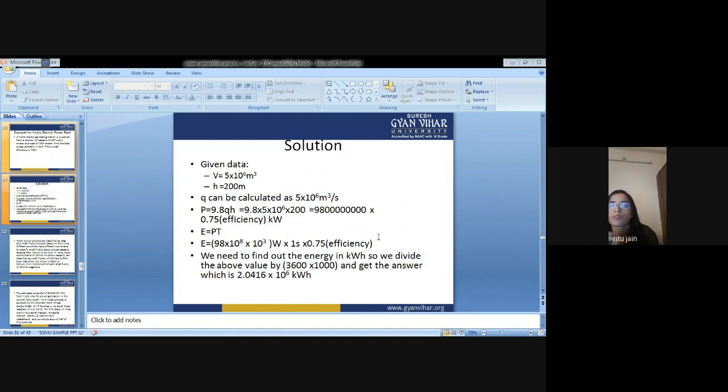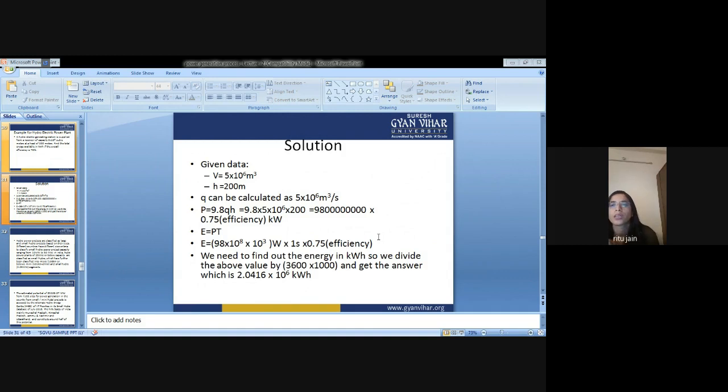The formula of energy is equal to P into T. We have already discussed that the unit of power is kilowatt and time is in seconds. So the energy which is calculated is 98 into 10 to the power 8 into 10 to the power 3 watt into 1 second into 0.75.